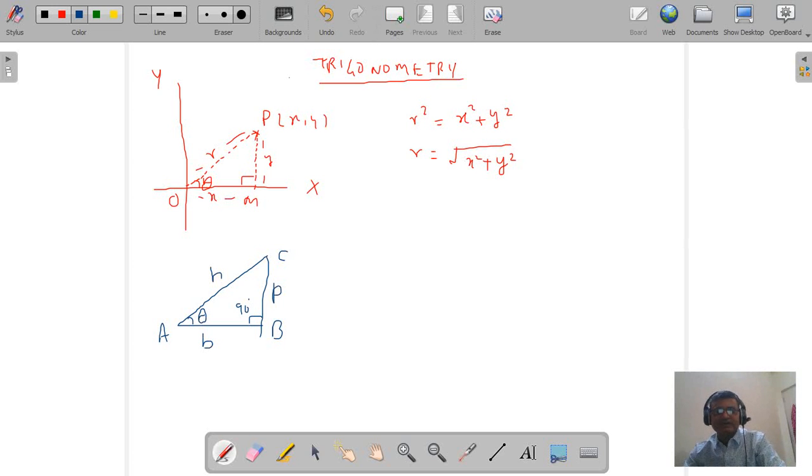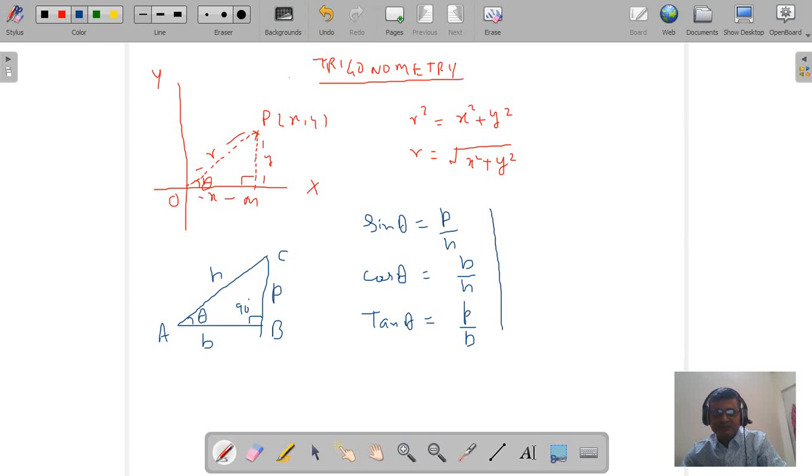So let us define the trigonometrical ratios. Sine theta is defined as perpendicular upon hypotenuse. Similarly, cos theta is defined as base upon hypotenuse. Similarly, tan theta is defined as perpendicular upon base.